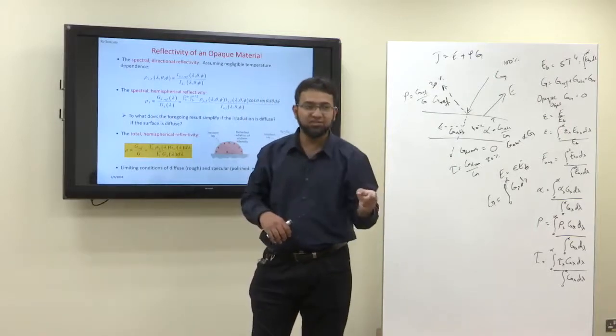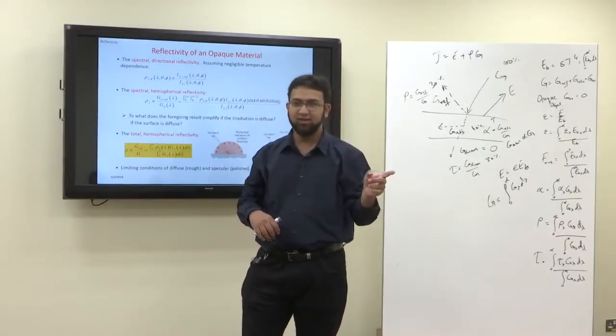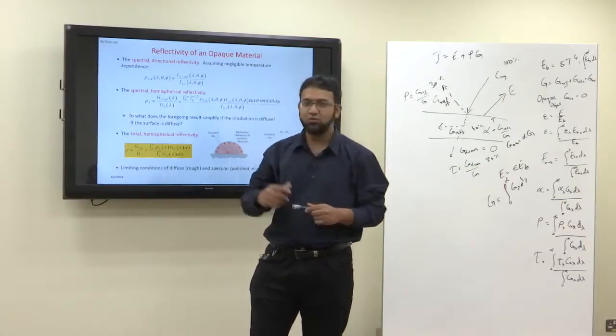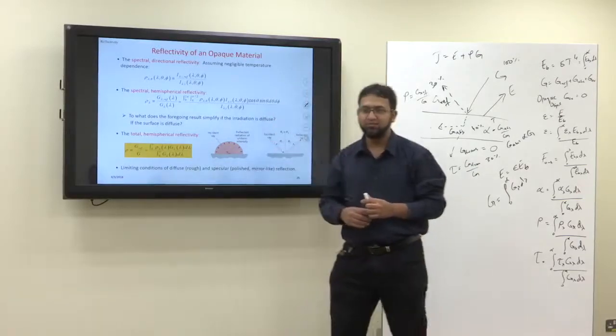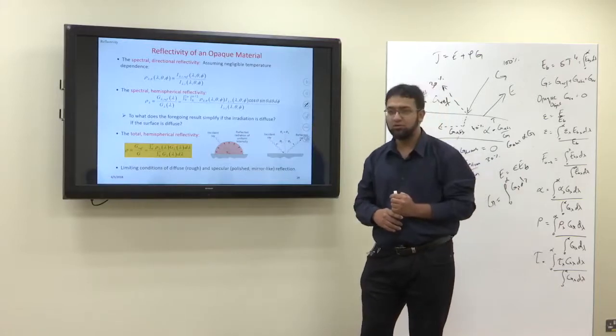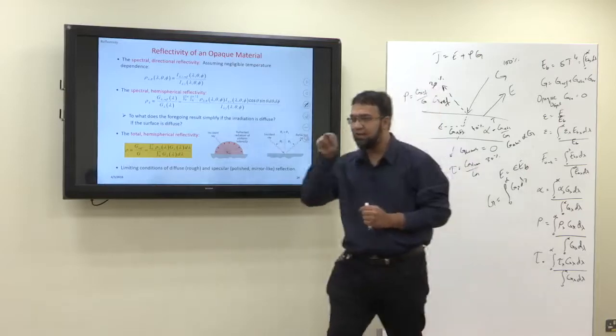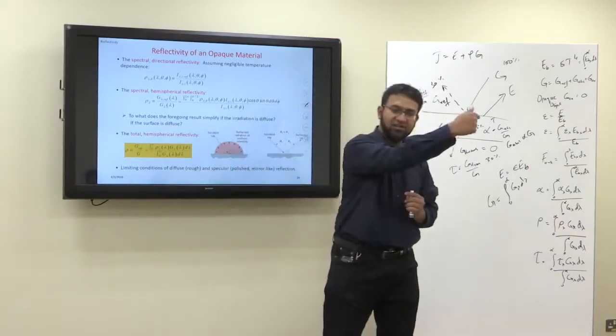Similarly, when it reflects, it does not reflect in all directions. It reflects only in one direction. So a mirror is basically not a diffuse body. It's not a diffuse emitter. It's a specular emitter. Specular means that based upon the angle of incidence will be the angle of reflection.